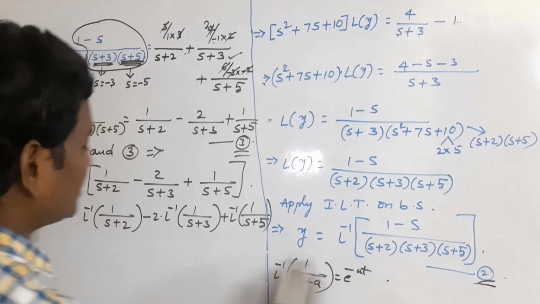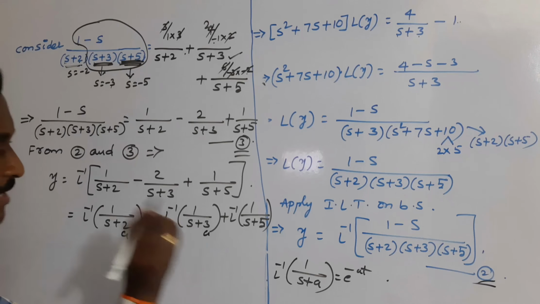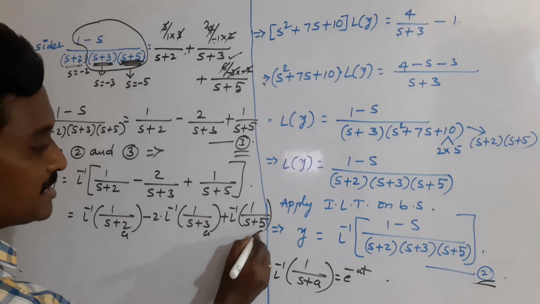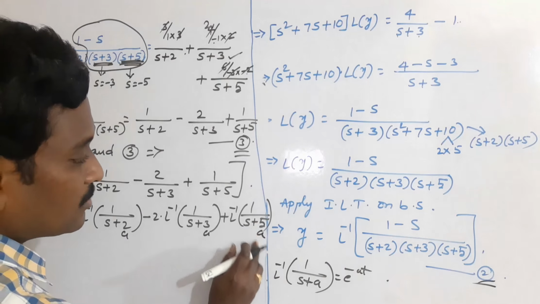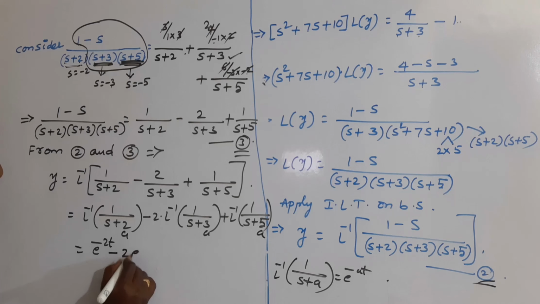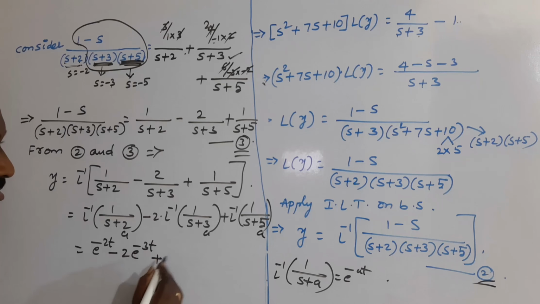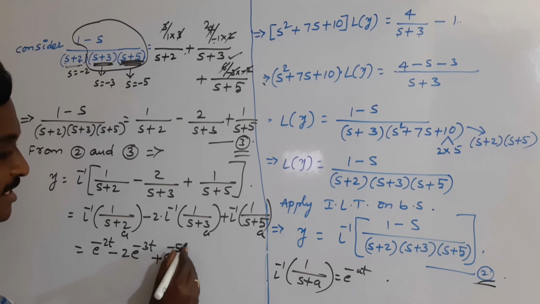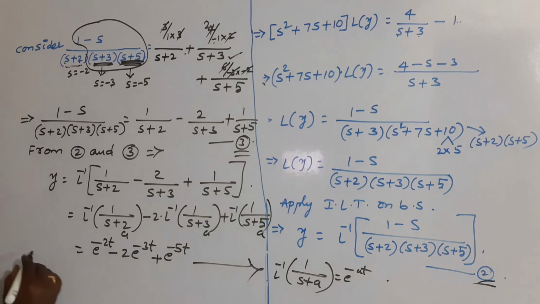E power minus at. Here we have 2, here we have 3, and a is equal to 5 in the last part. So you will get e power minus 2t minus 2 into e power minus 3t plus e power minus 5t by using this formula.